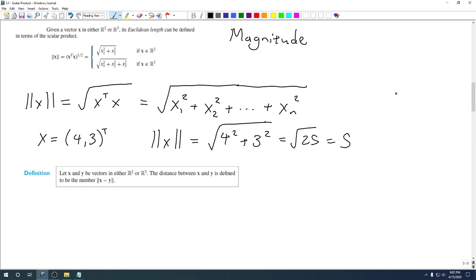And really, what have we actually done here? We've taken a vector in the plane. We can represent a vector as an arrow starting at the origin and ending up at a point. Specifically, since it's the vector (4, 3), we're going to end up at the point (4, 3).